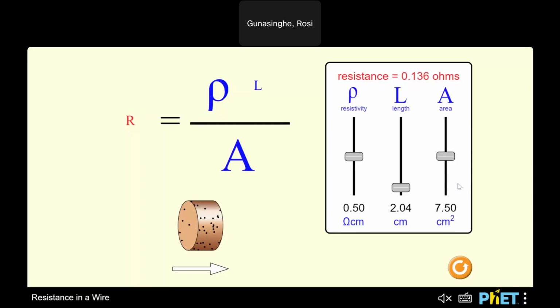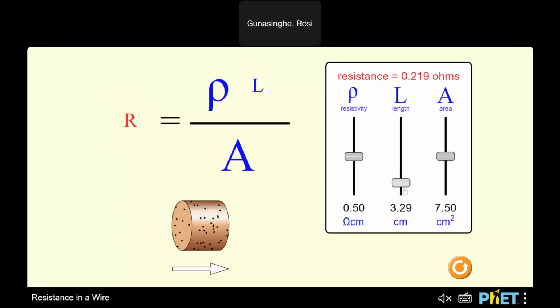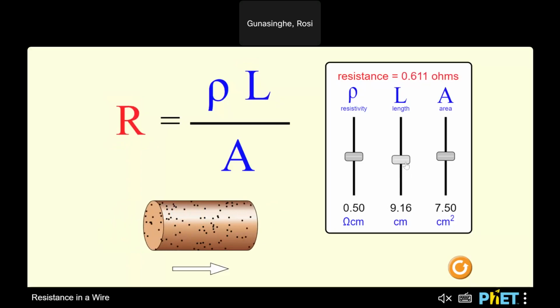You don't have to change it. Right now, you can see the resistance is 0.1364 at 2.04 centimeters. Now, when you go to this bar, hold your left mouse button and drag up and down, that will change the length. And you can see that the resistance also changes right up here.